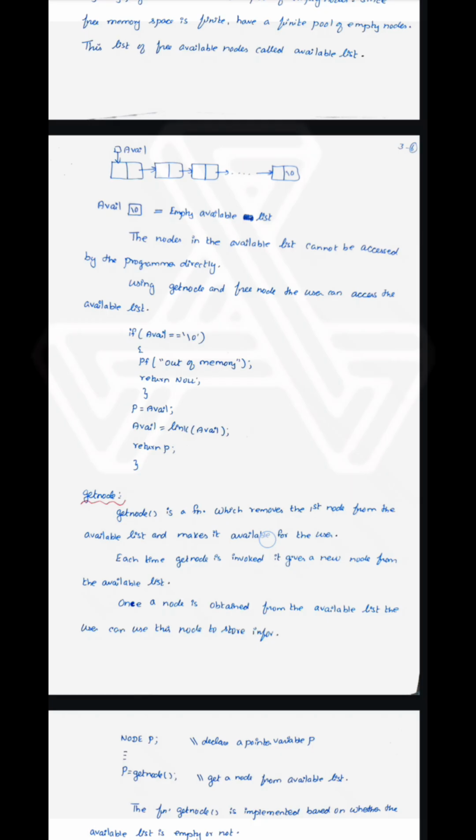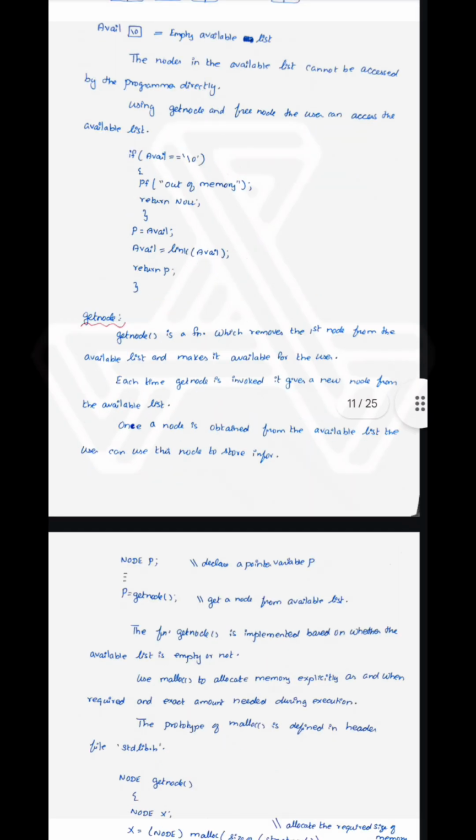If avail equals null, then print out of memory, return null. Otherwise p equals avail, then avail equals link of avail, return p. Get node is a function which removes the first node from the available list and makes it available for the user.